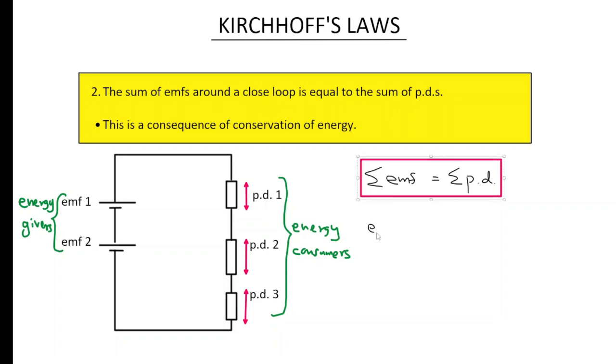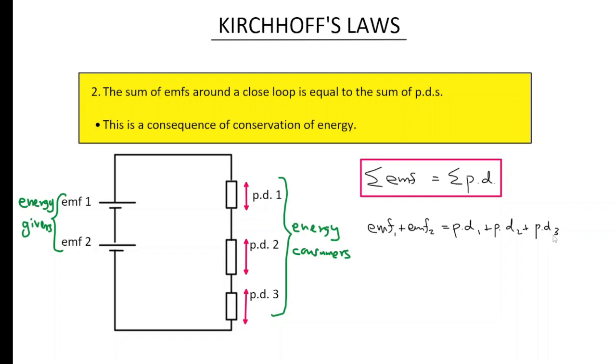EMF1 plus EMF2 is equal to the sum of PDs, in this example, PD1 plus PD2 plus PD3. So this is the second law.